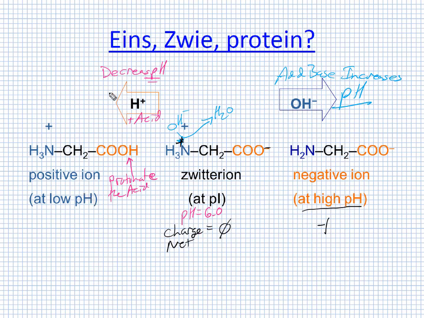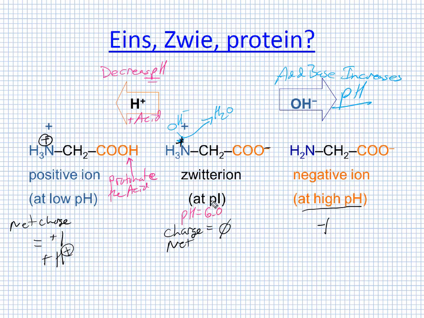At a low pH, we've added acid. What happens? We have a plus charge, right? So at low pH, the net charge is +1. Well, how did you get to a low pH? We added hydrogen ions. Hydrogen ions have a plus charge. The amino acid has a plus charge.